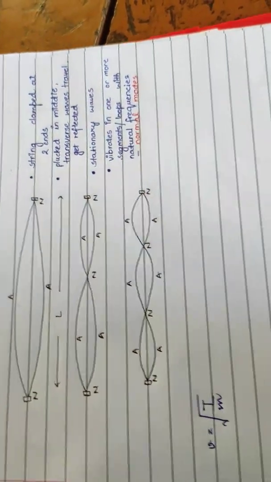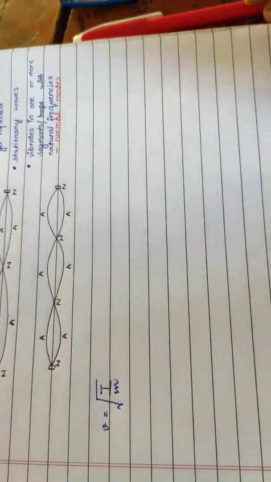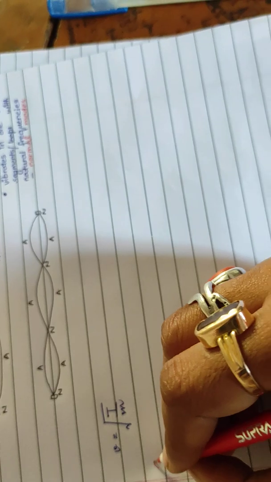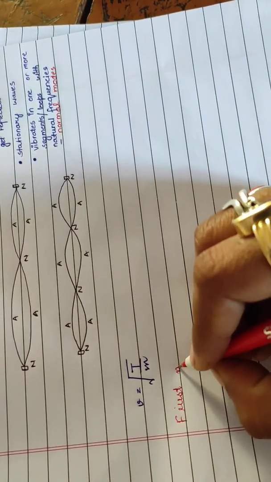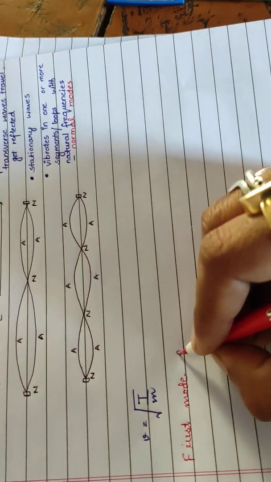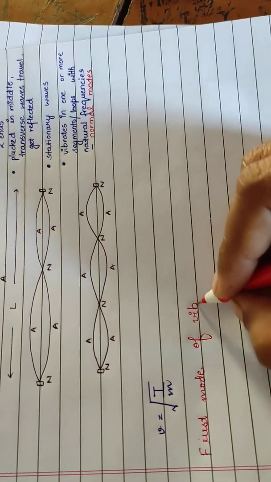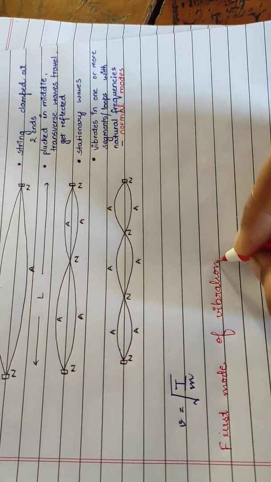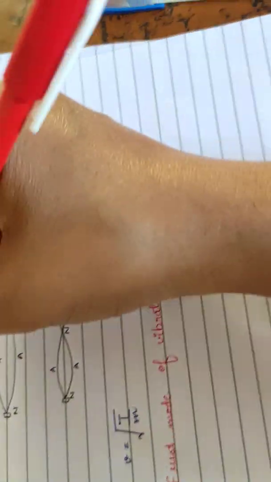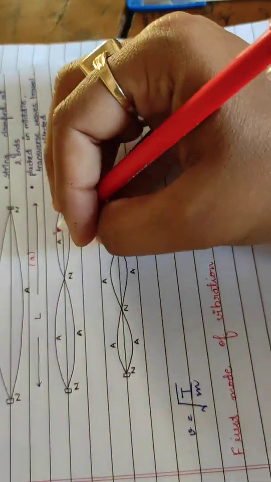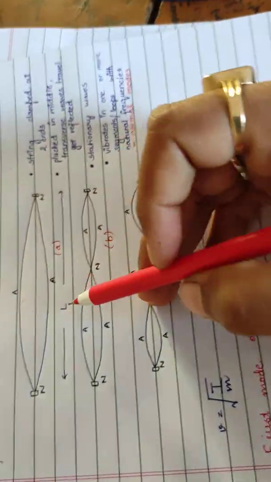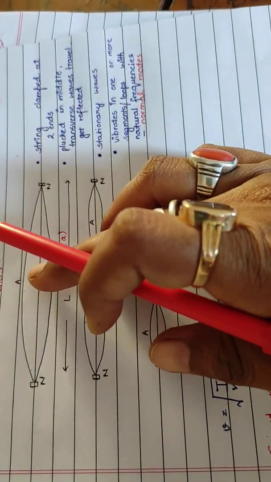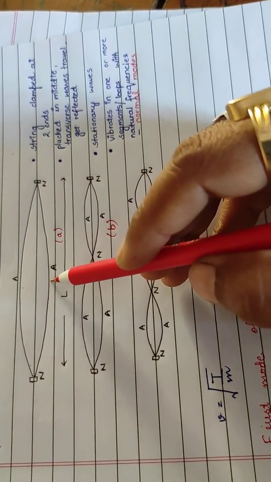Now let us calculate the very first mode of vibration. To calculate this, we have to consider this diagram. Let us say that this is figure A, this is figure B, and this is figure C. Now if you look at figure A, suppose we have plucked it once in the middle.